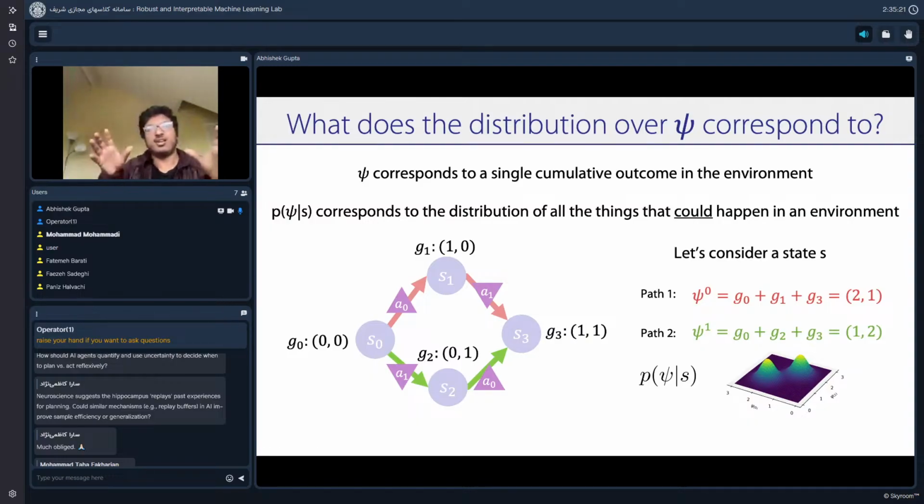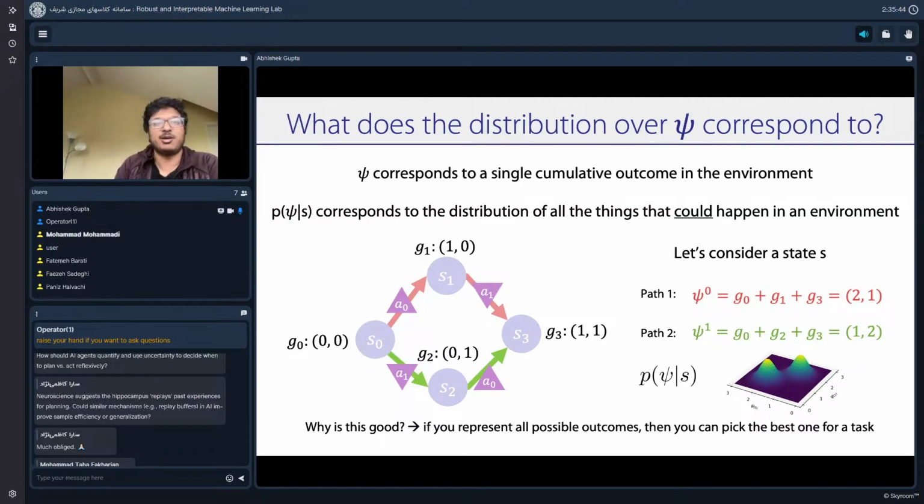So intuitively, zoom out from the details. It's saying that you want to have a world model that is general. You don't want to predict anything for a particular reward, so you predict these cumulative features. And you don't want to predict anything for a particular policy, so you predict the distribution over all cumulative features, right? And so that's all that this is saying, right?